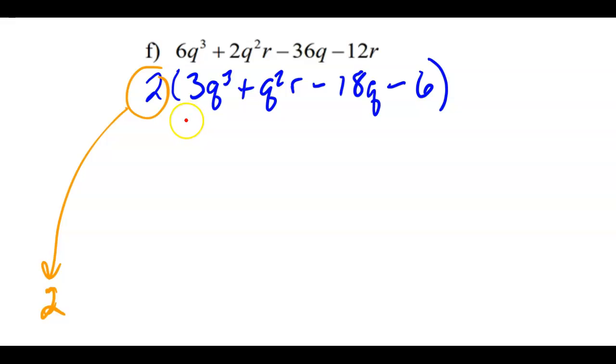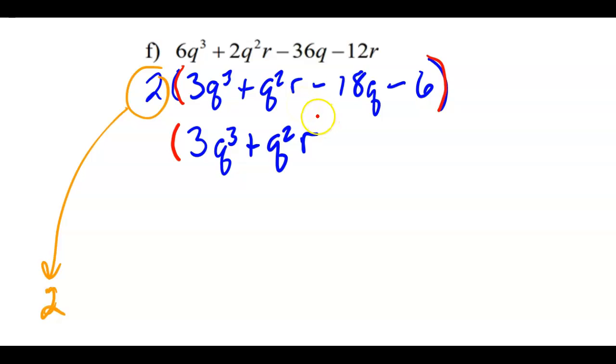So working on the actual 4 terms, grouping in pairs of 2 again. 3q cubed plus q squared r, and then I have a minus, so I'm going to change that to a plus.